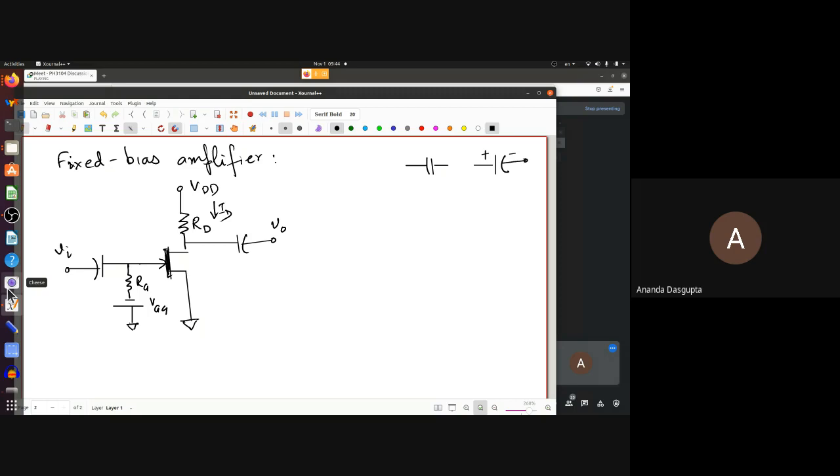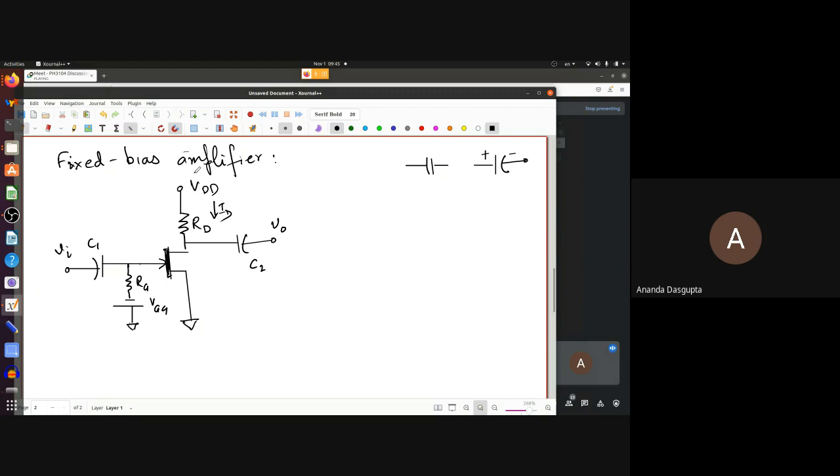So when we were dealing with the DC part, we actually had the advantage that these two capacitors, C1 and C2, blocked the DC from coming in, or more importantly, blocked the DC here from flowing out. So you could simply forget about this part and this part. You could just concentrate on this.